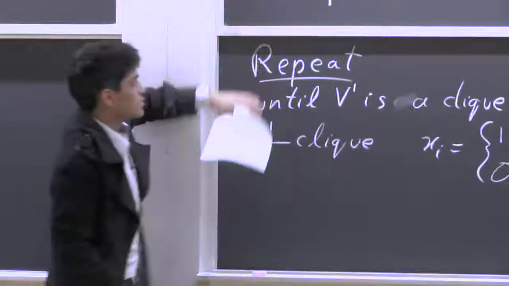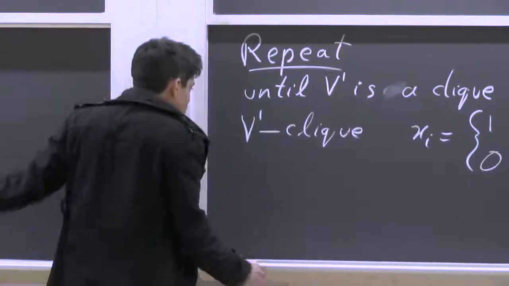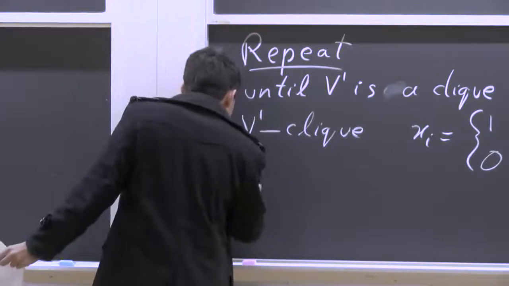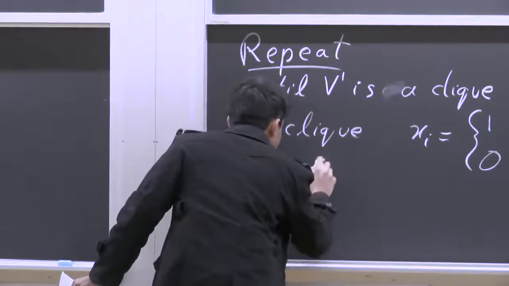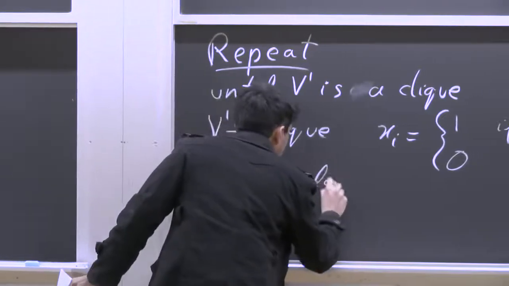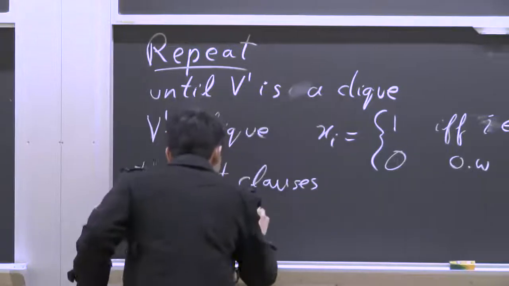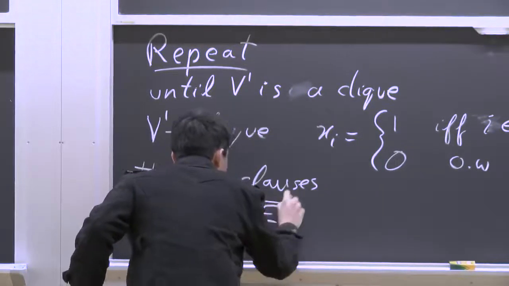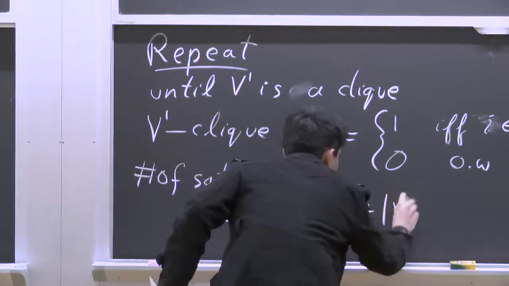Forget about what you did before. Just consider this an assignment according to those rules, and those rules give you that the number of satisfied clauses is equal to mod of e bar plus mod of v plus mod of v dash.